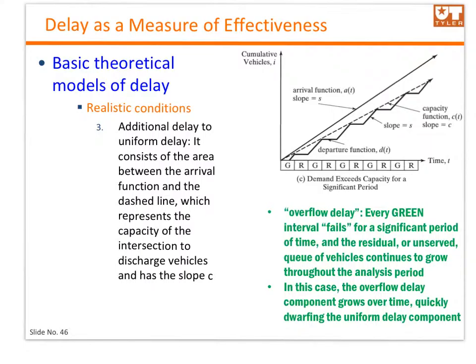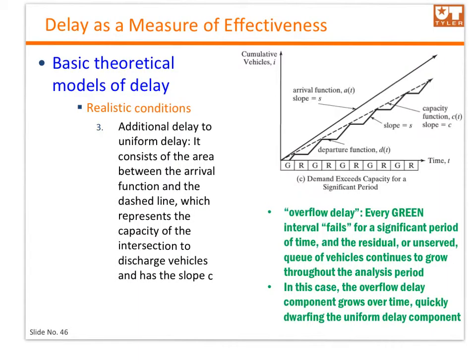So based on this, we can have three different realistic conditions. One is uniform delay, which means all the vehicles queued at the red light are fully served in the next green light. The second case is where vehicles have some extra delay and get served at the second green light, but eventually by the end of the analysis period all the vehicles are served.